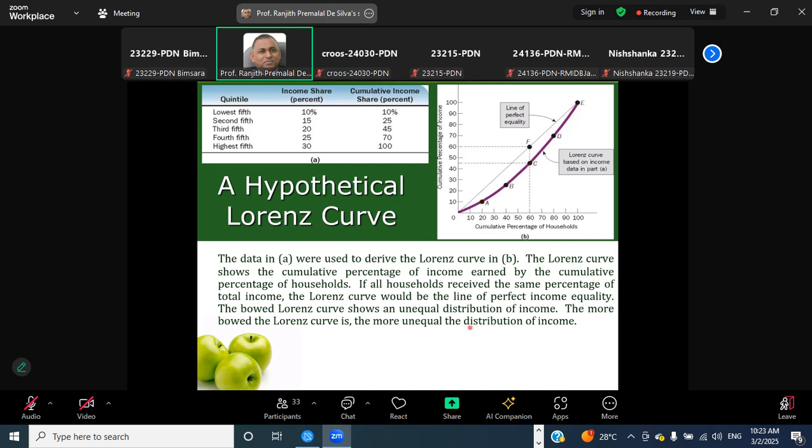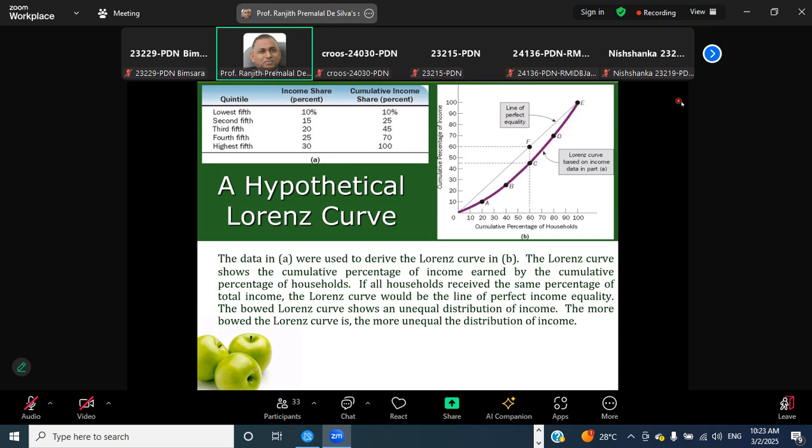The data in the table are used to derive the Lorenz curve. The Lorenz curve shows the cumulative percentage of income earned by the cumulative percentage of households.